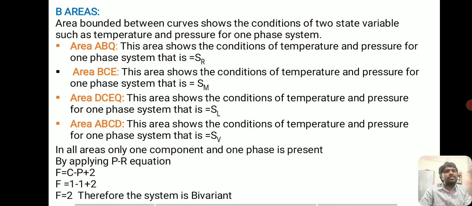This area shows the condition of temperature and pressure for a one phase system, that is SR, rhombic sulfur. And the next one is area BCE. This area shows the condition of temperature and pressure for a one phase system again, that is SM, monoclinic sulfur.